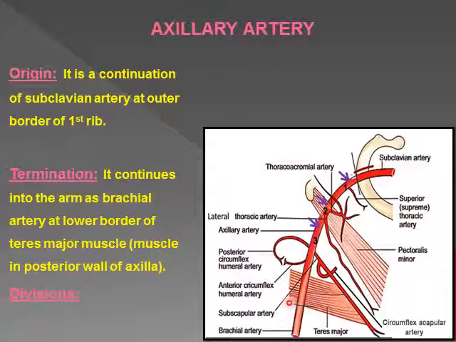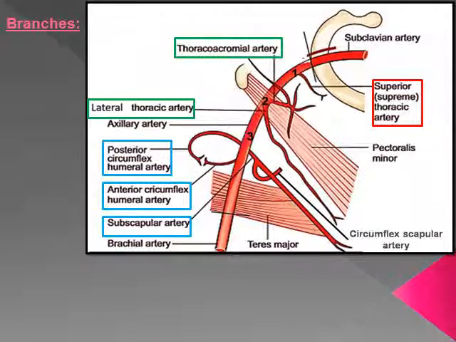It ends at the lower border of the teres major to continue in the arm as the brachial artery. The axillary artery gives the following branches. From the first part, it gives the superior thoracic or supreme artery.